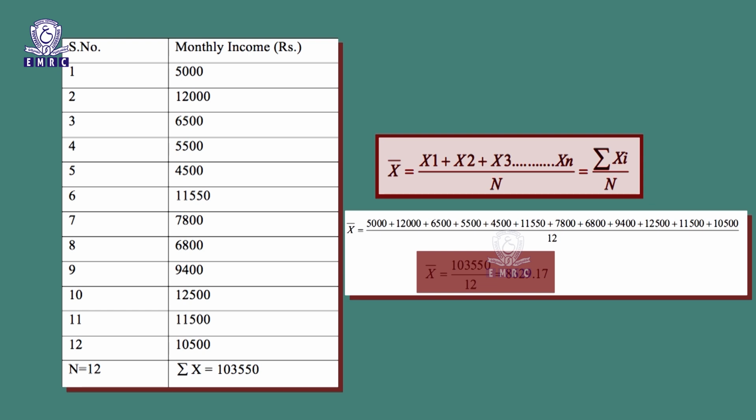So, x bar is equal to 1,03,550 divided by 12, which is equal to 8,629.17. The average monthly income of the people is 8,629.17 per month.